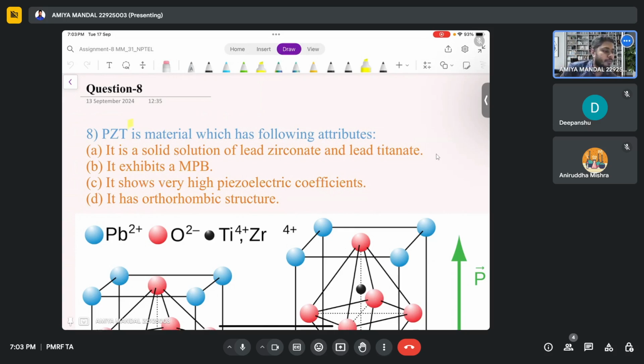So, what is PZT? PZT is nothing but lead, zirconium, and titanium.